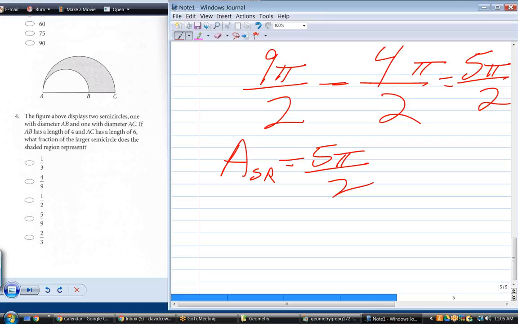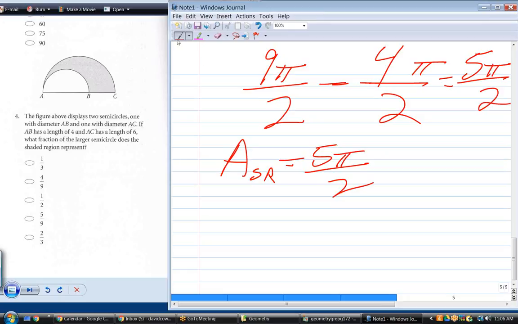So what ratio are they talking about? We have 3 different things here. We have the area of this semicircle, we have the area of the big semicircle, and we have the area of the shaded region. So they're looking for a ratio.